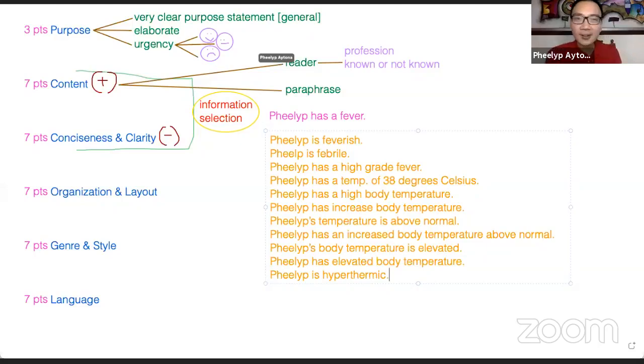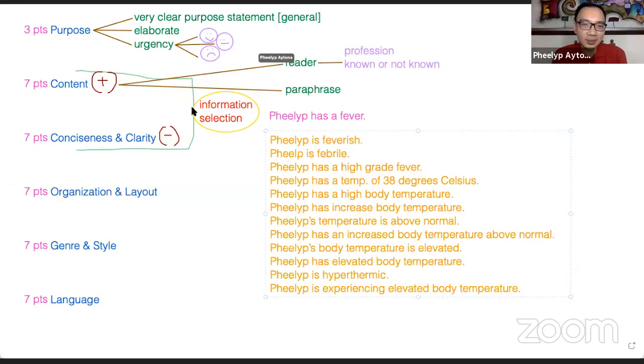Anyone else? Philip is experiencing elevated body temperature.